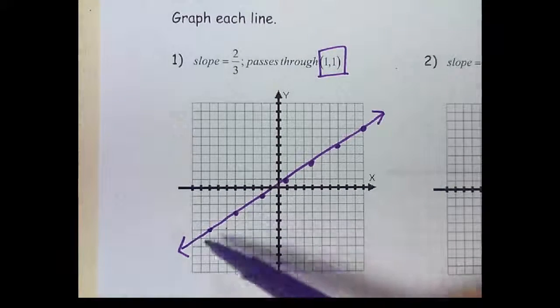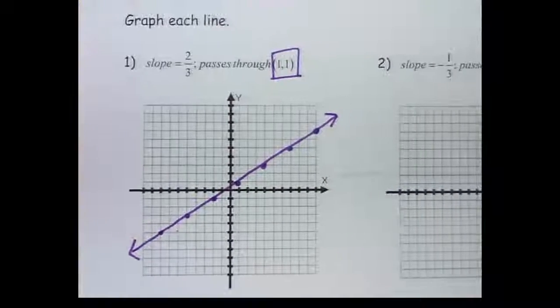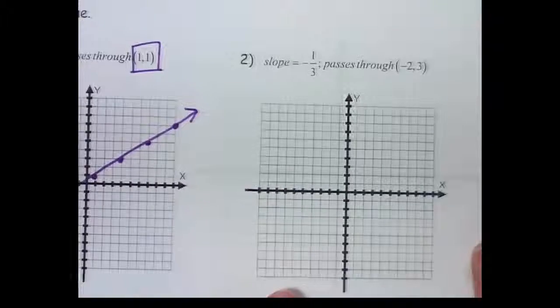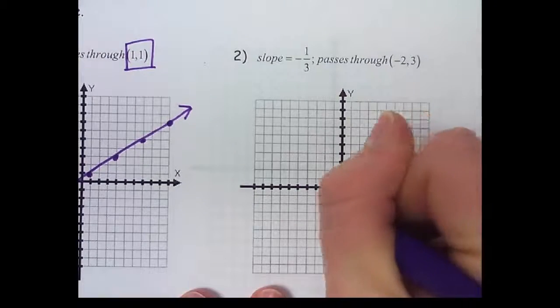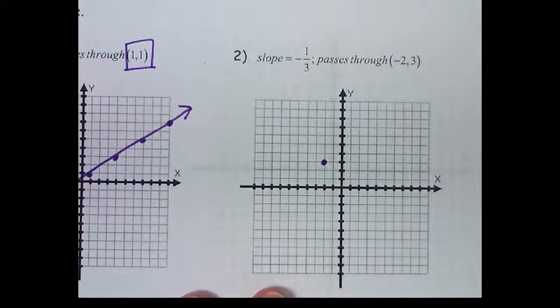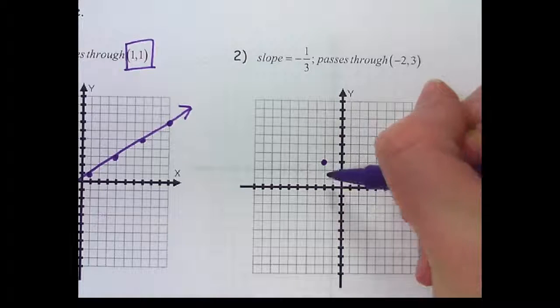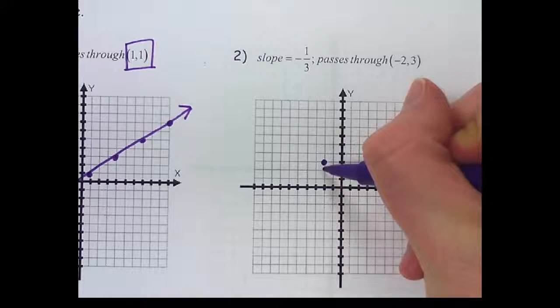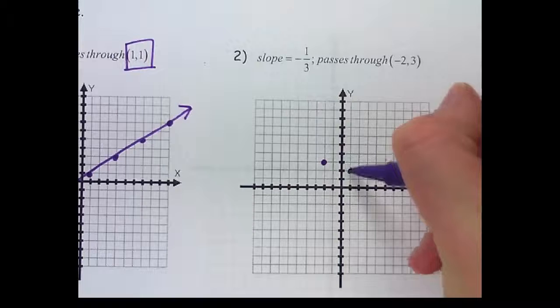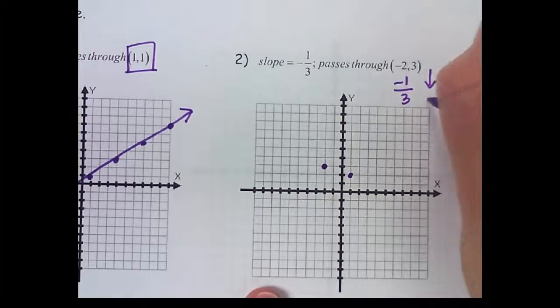Okay, a positive slope is an increasing function. So on number 2, we have a negative slope. So we start at negative 2, 3. My slope is negative 1/3. So if I go down first, then do I go to the right 3 or left 3? Right. If I go down first, then I have to go to the right. So I look at it as negative 1/3. I went down 1, so I'm going to go right 3.